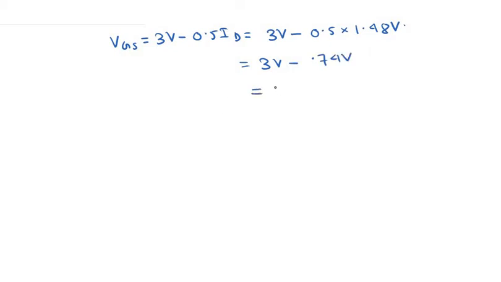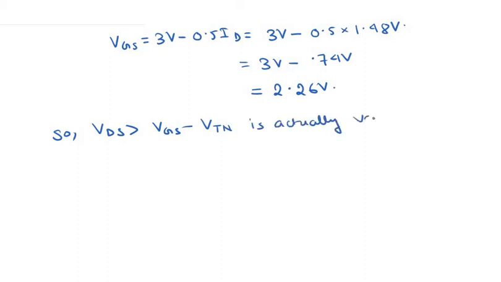So this is equal to 2.26 volts. So VDS greater than VGS minus VTN is valid. So the MOSFET must be in saturation. We have done the correct assumption by assuming that the MOSFET was operating in saturation.